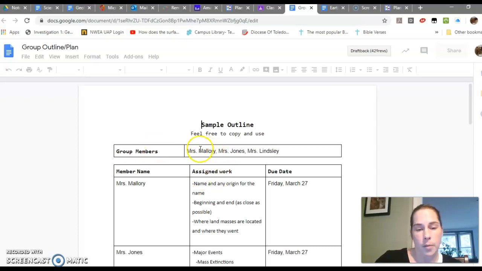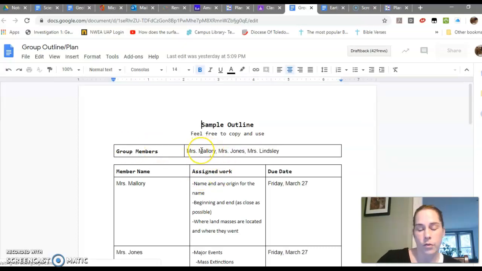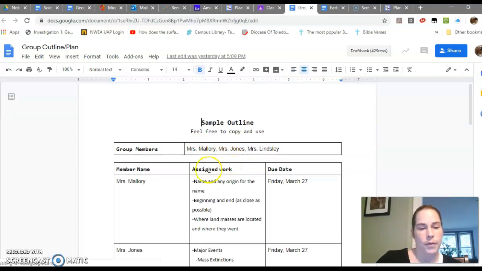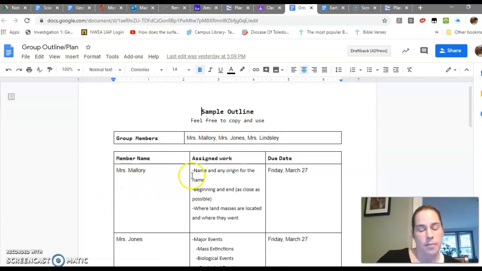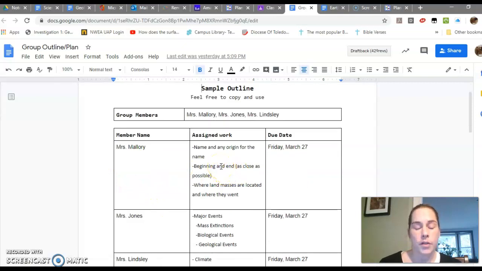So I put the group members, Mrs. Mallory, Mrs. Jones, and me, as part of this group. I put Mrs. Mallory's name. Then I put what part of this project she's going to work on. I just took the first 3 guidelines, the first 3 requirements, and put them in under her name. You have to have that discussion with your group members.